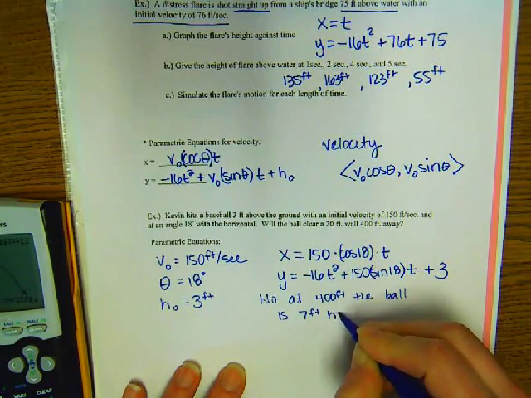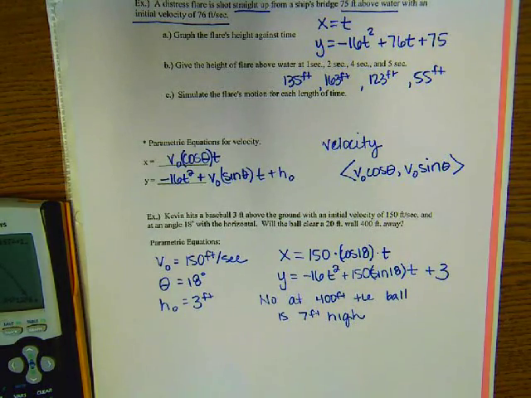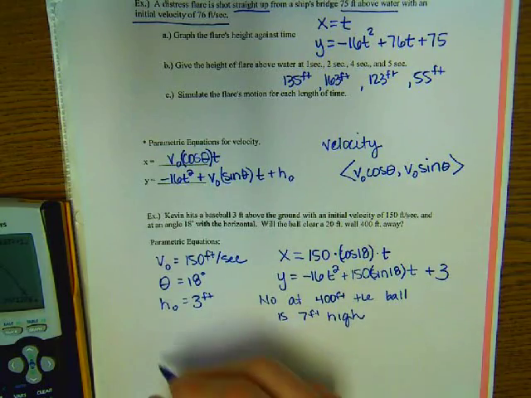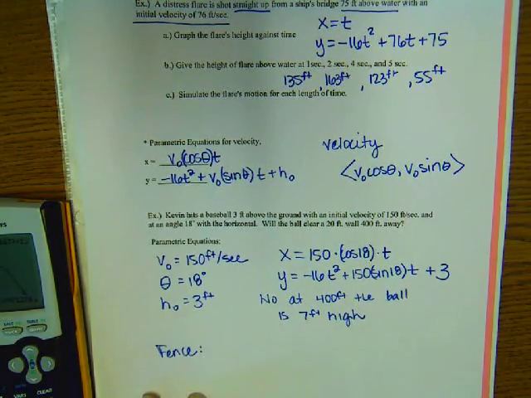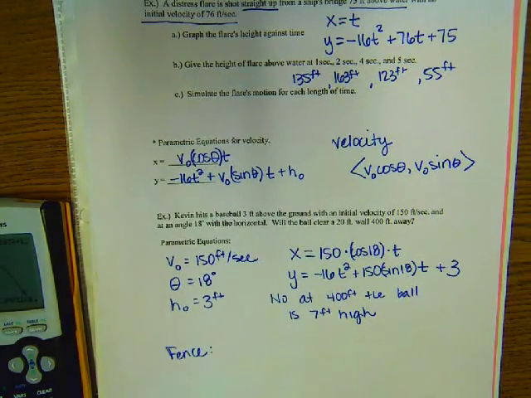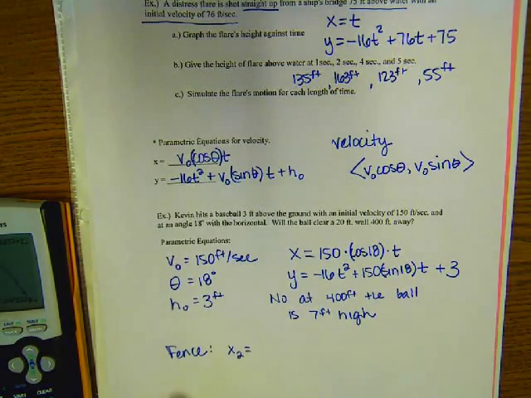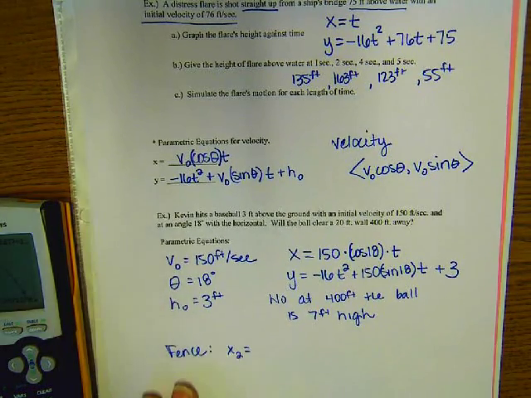Okay, here's how you put the fence on. You can actually put the fence on the picture. To put the fence on, we go into our parametric equations and we put where we want the fence to be. How far away do we want the fence to be? 400, and we put that in x because that's how far this way.